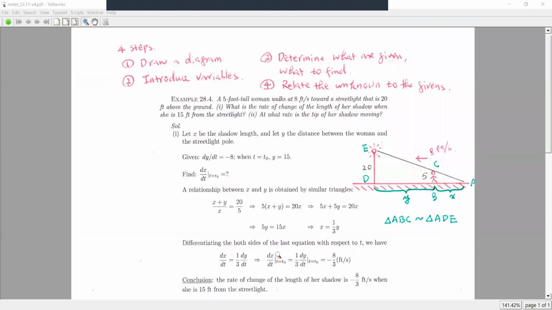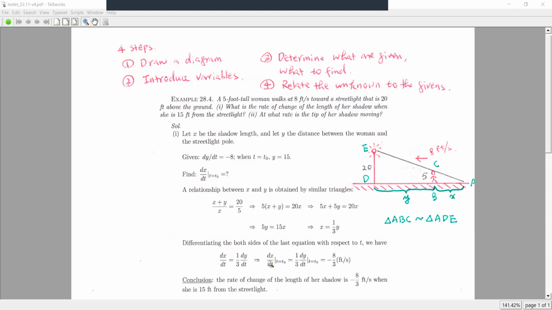Now, evaluate the derivatives at the time T0. dy/dt is negative a, which is the walking velocity of the woman. The woman is walking at a constant velocity. Plug in negative a for dy/dt, then we have negative 8/3.